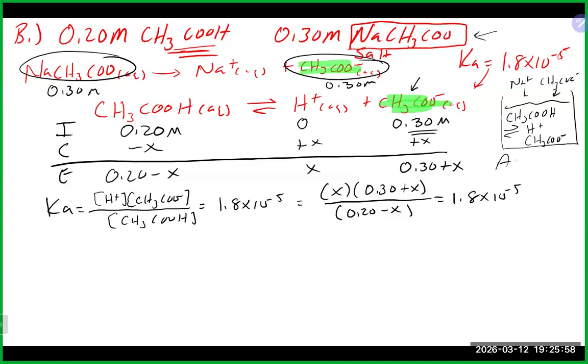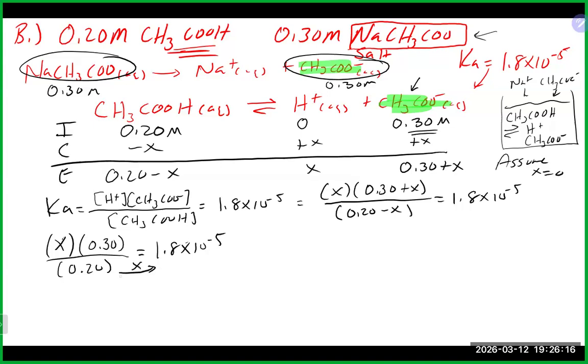I've had a pretty good run of assumptions here, so why not continue? We're going to assume x is equal to 0. That's going to get rid of pretty much all the x's but this x here, and we'll have 0.3 and 0.2.